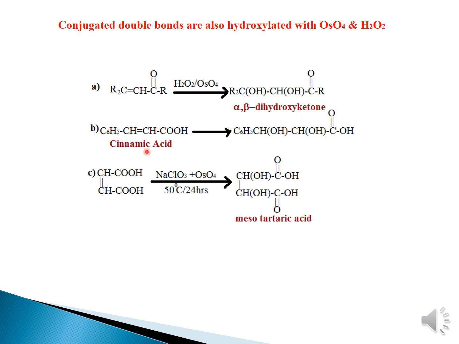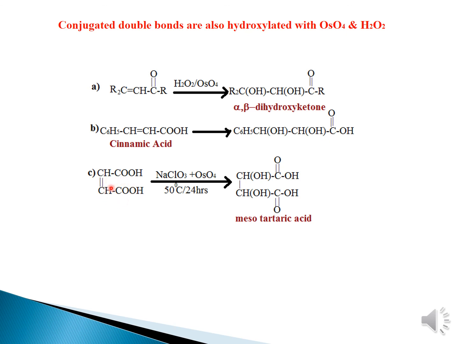If you take cinnamic acid and treat it with the same reagent, hydrogen peroxide and osmium tetroxide, again this is affected, OH and then OH formation, so you end up with this product.